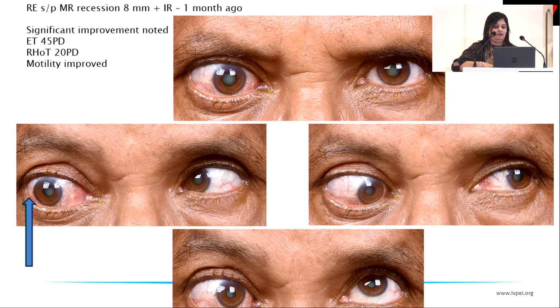Here he has a left on right, that is, the left eye is slightly higher compared to the right, or we call it a right hypo. We can balance the surgery by dropping down that left eye by recessing the superior rectus, and also balancing by doing a bit of medial rectus recession on that left eye. Still, it would not correct 45 to 50.